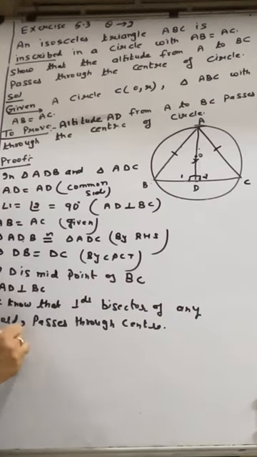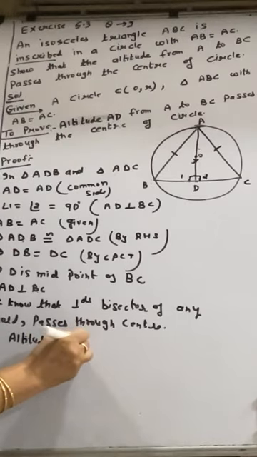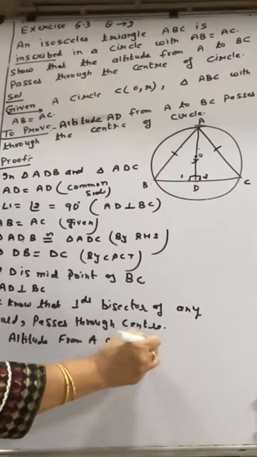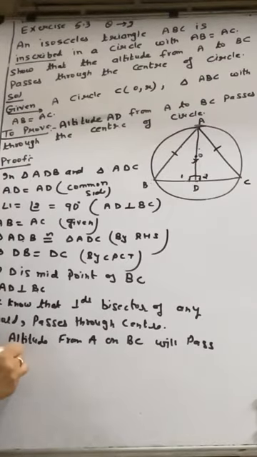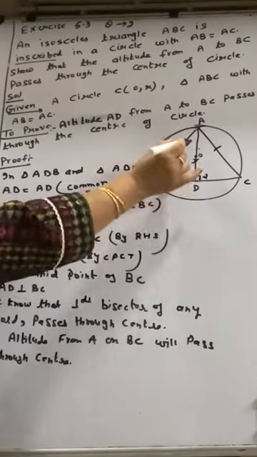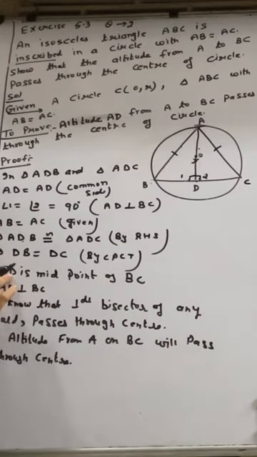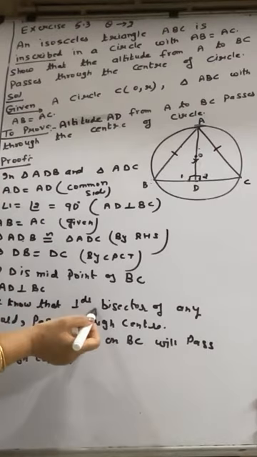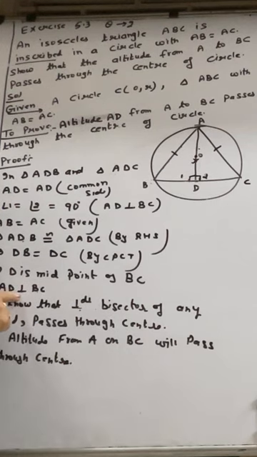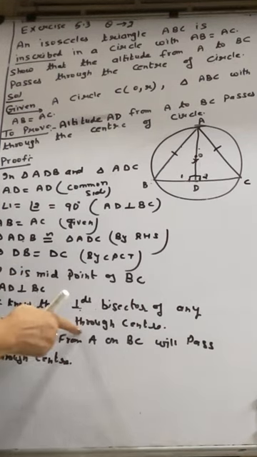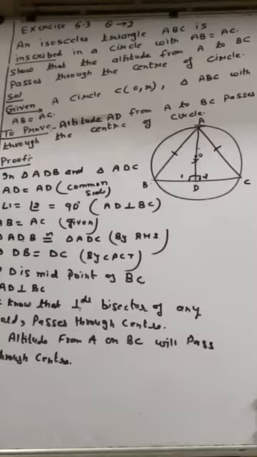So what does this imply? The altitude from A on BC will pass through the center, because we have seen that the altitude is bisecting the chord. We have proved this. This was the altitude, it was given, but it bisected the chord. So altitude means perpendicular bisector here. The perpendicular bisector of any chord passes through the center. Hence, this altitude will pass through the center. Right. So this was your exercise 5.3 question.